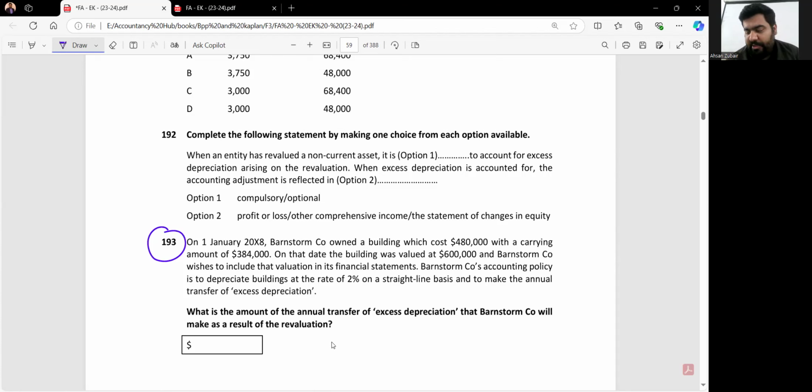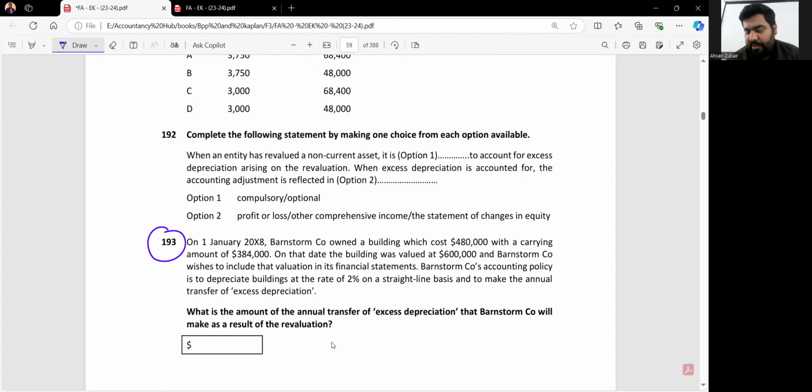He's saying that the plan is 2% straight line, so with 2% we can calculate the one-year depreciation. 480,000 multiplied by 2% is basically 9,600 per annum.